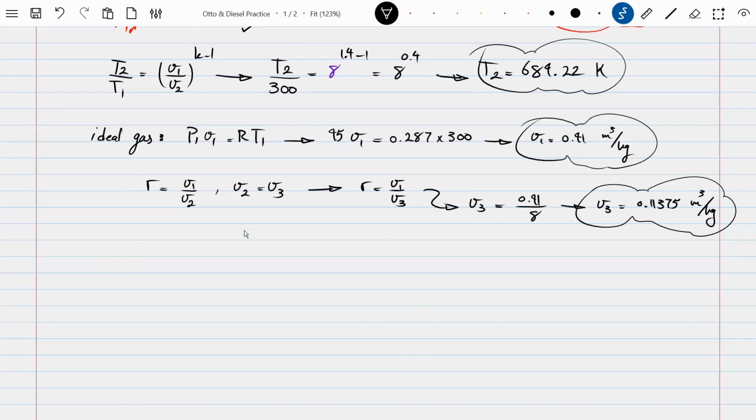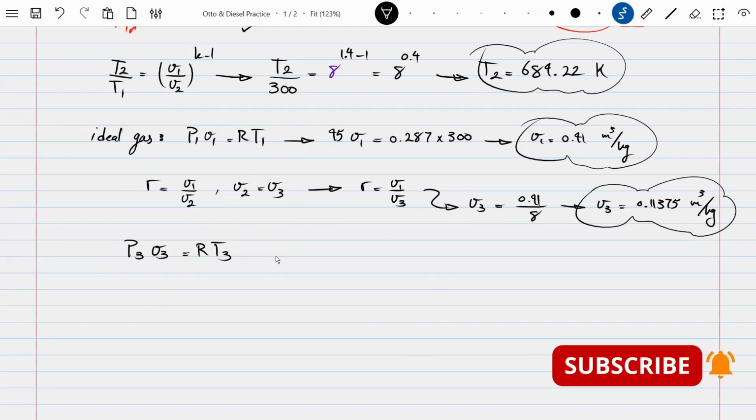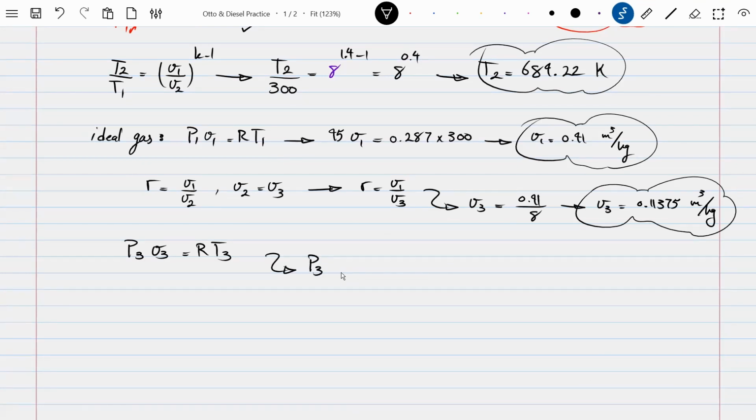Again, the ideal gas equation is true for every state of this cycle. So now that I know V3, I can claim P3 V3 is equal to R T3. Ideal gas equation again, right? Now this time, P3 is what I'm gunning for. V3 is 0.11375. R is again 0.287.